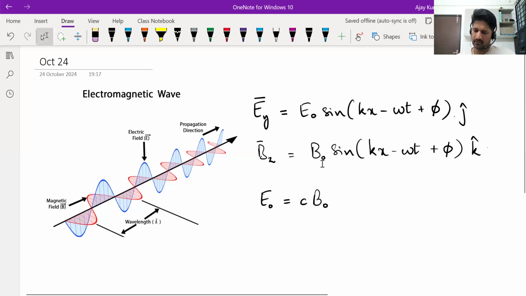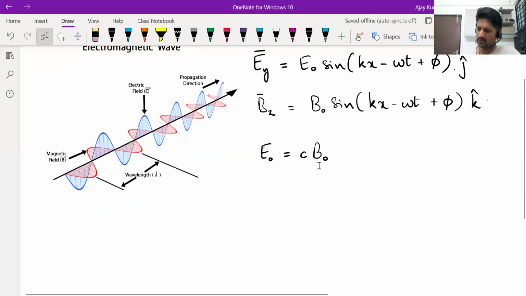Fine. Now we know waves carry energy and momentum. So an electromagnetic wave also should be carrying some energy and momentum. It carries energy in its electric field and magnetic field. So we will use the ideas that we had derived earlier. We know that if there's an electric field present in a certain region of space, there is energy stored in that space. And we know the expression for energy per unit volume, that is energy density, in an electric field.